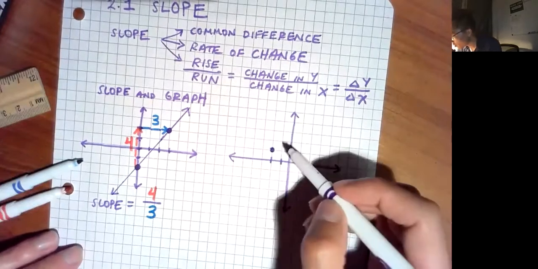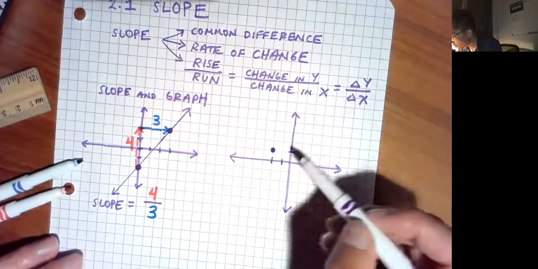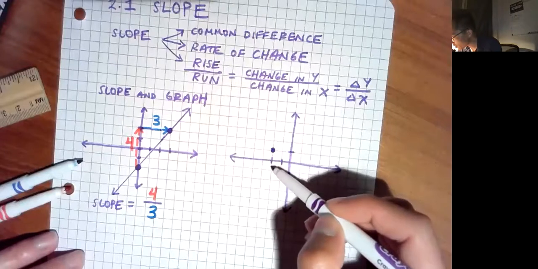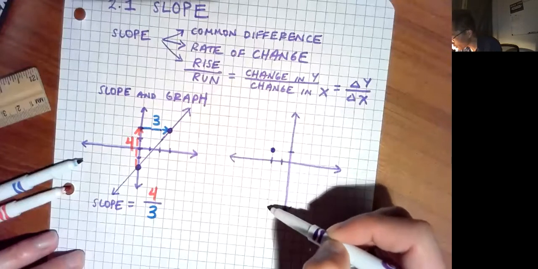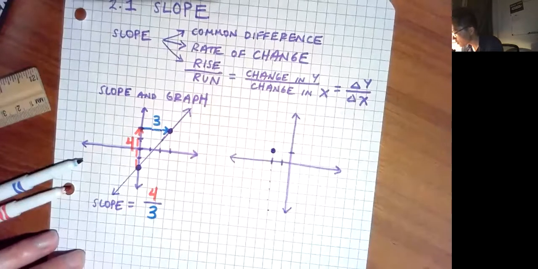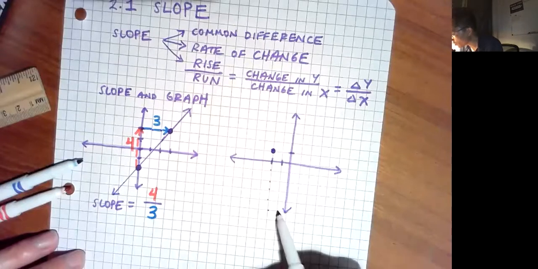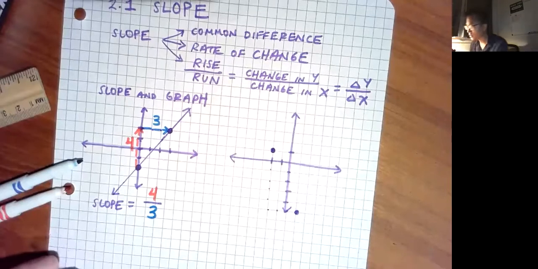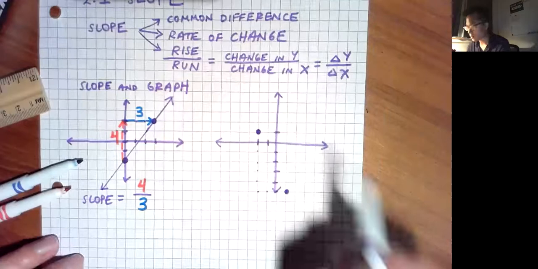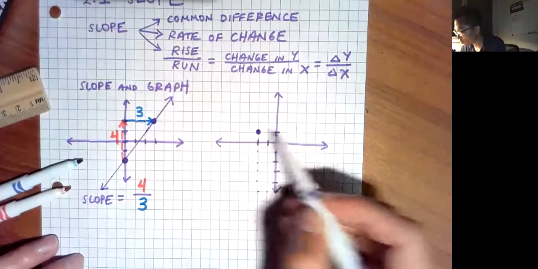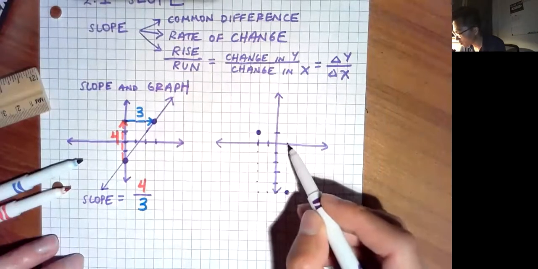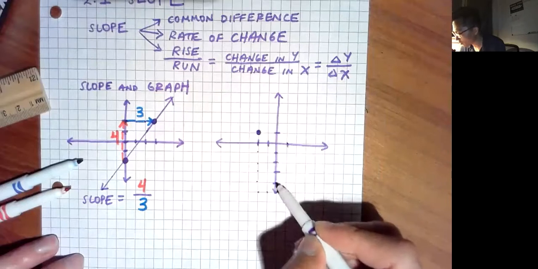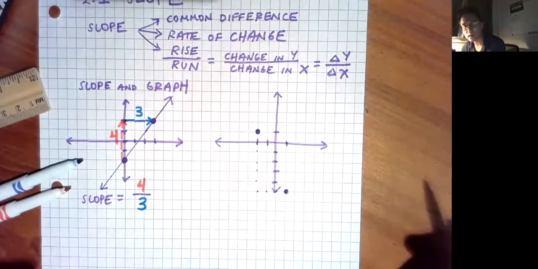And then I want you to go down 6 units: 1, 2, 3, 4, 5, 6. And to the right 3: 1, 2, 3. It's going to be right here. So I have the points -2, 1, and 1, -5. That's that one down there.